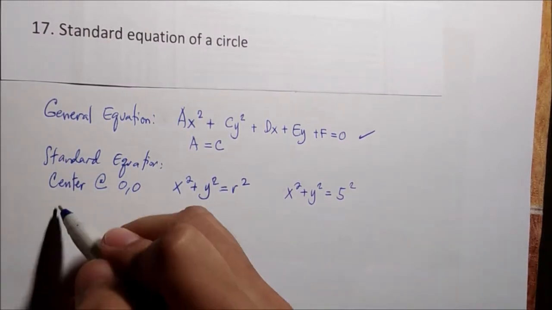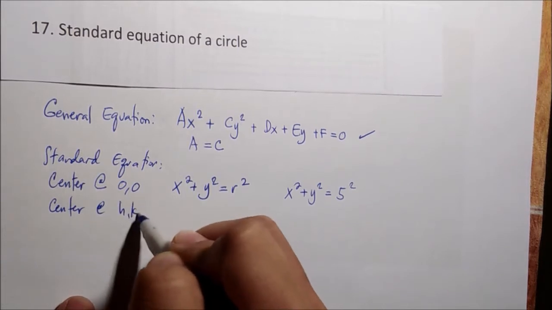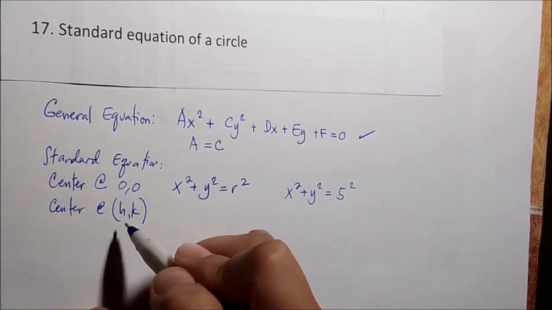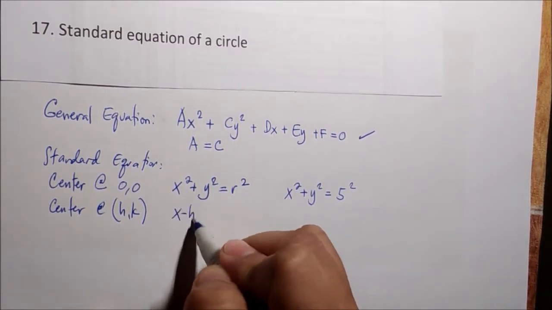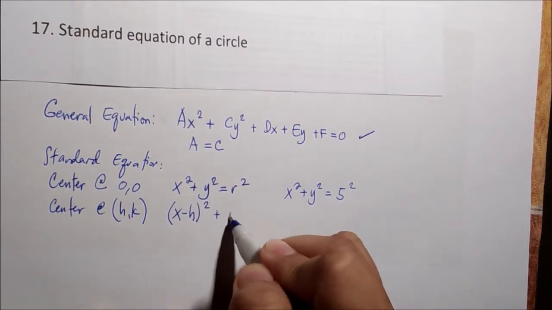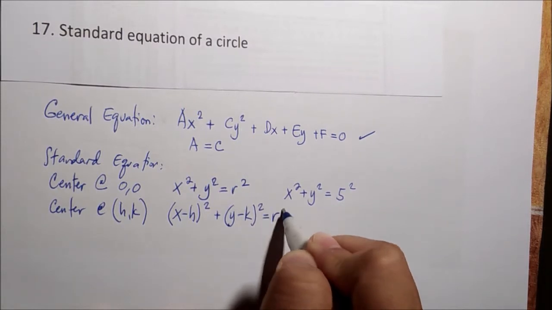Okay, if the center is at h, k, this is the value of the x and y coordinate. If the center is at h, k, we have x minus h squared plus y minus k squared, that is equal to r squared.